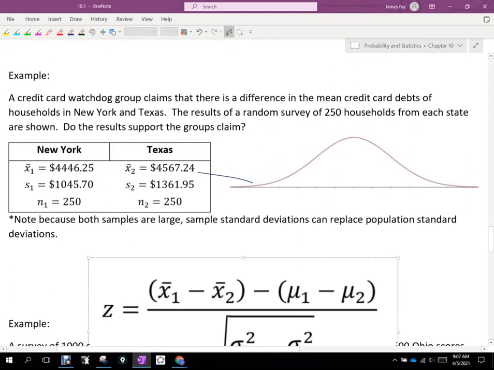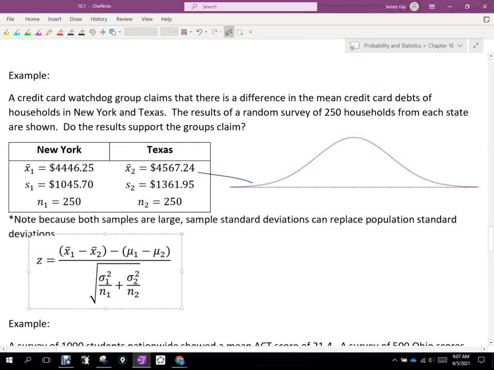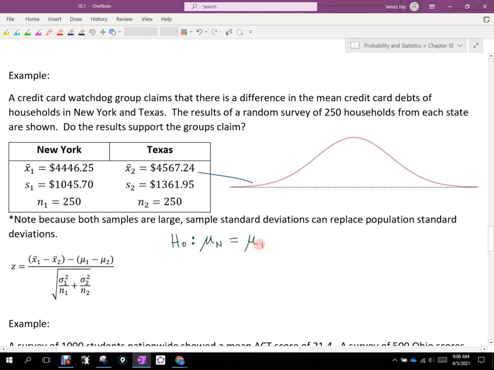So first thing I want to do, though, is write my null hypothesis and my alternative hypothesis. So the first thing is H sub 0. Now, it doesn't matter the way that you do this. I'm going to say mu, and I'm just going to put subscript N for New York, is equal to mu subscript Texas.